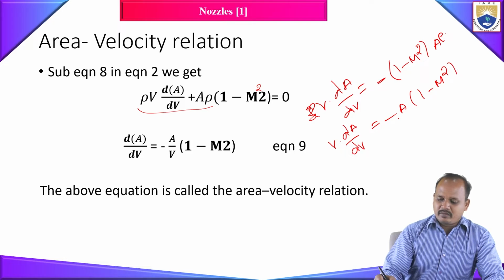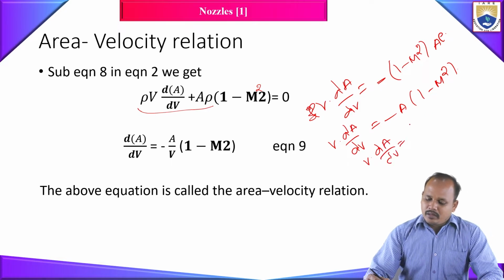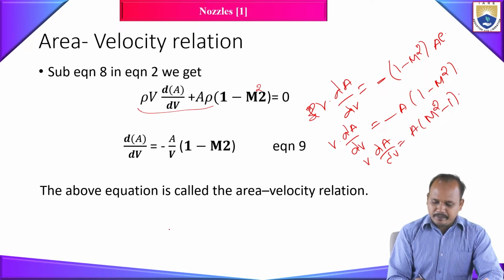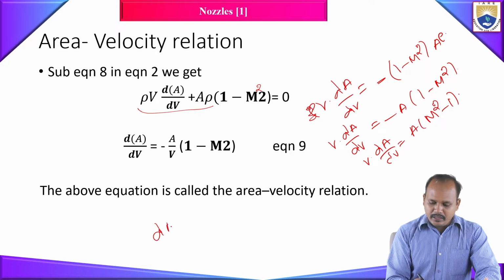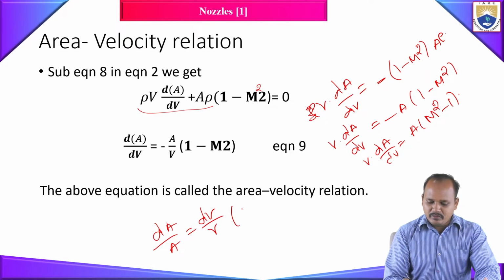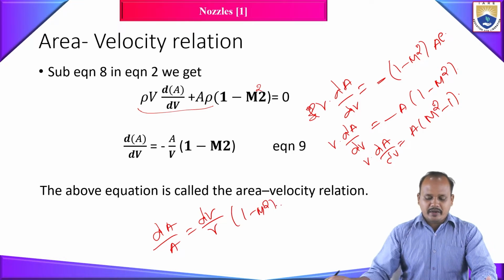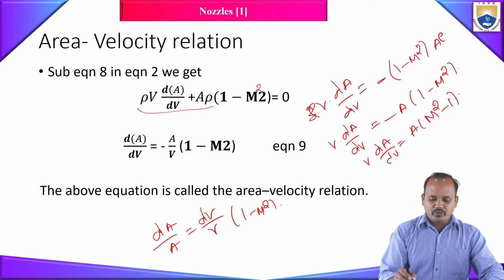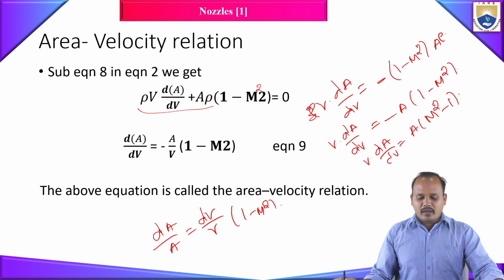If I take this minus sign inside, we'll have v dA by dv is equal to a into m square minus 1. So I can write this equation as dA by A is equal to dV by V into m square minus 1, or you can write it as dA by dV is equal to minus A by V into 1 minus m square. This equation we call the area velocity relation.